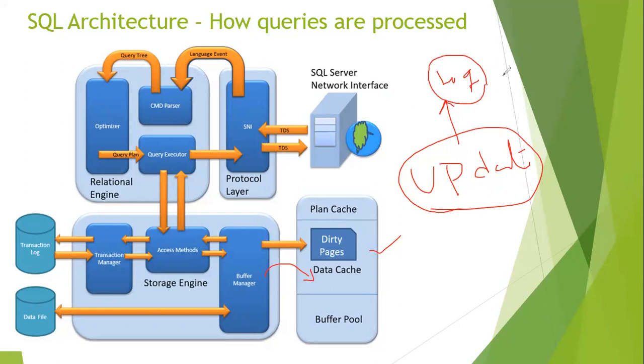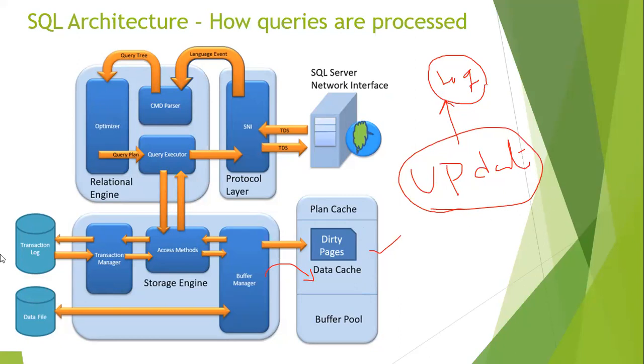Whatever modifications we are performing, you should have that modification detail in the transaction log file. That is the reason. If the transaction is aborted or killed or anything, it will be rolled back by understanding from where it has to roll back. It will be rolling back from the transactional log file.